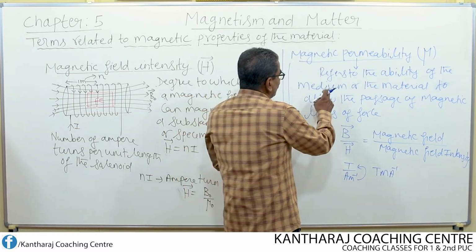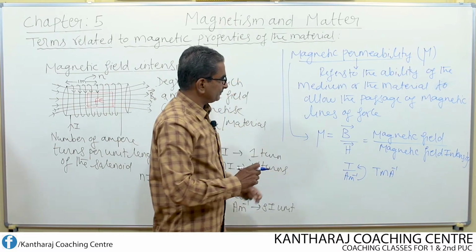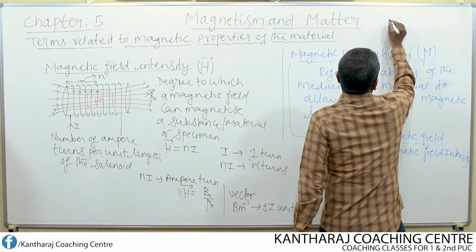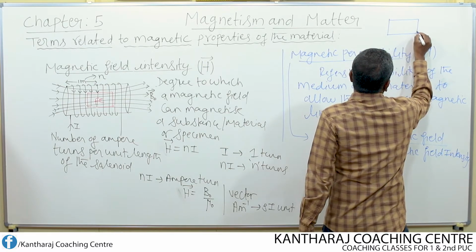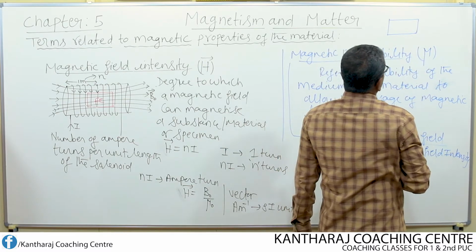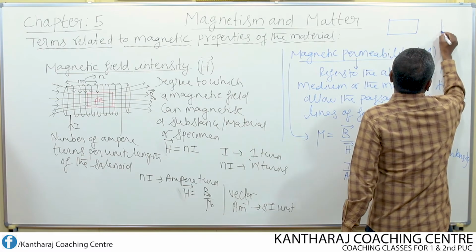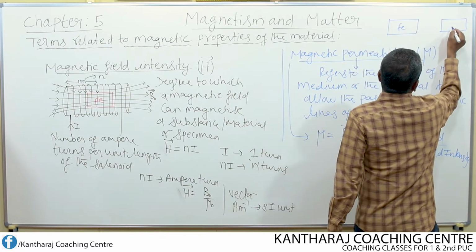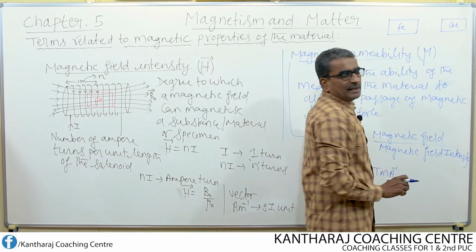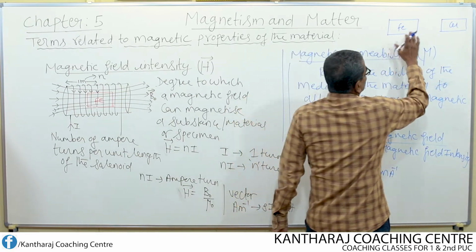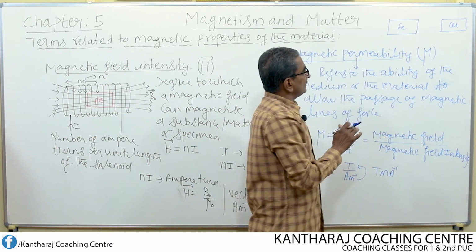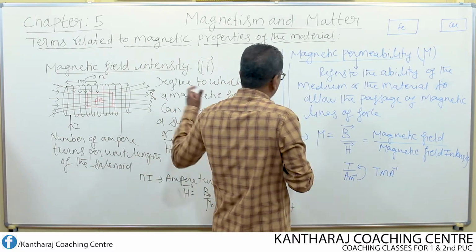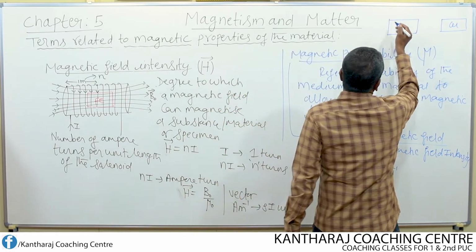Now let us know a little bit about this. Suppose I consider one iron bar, and also one copper bar. So this is iron, this is copper. If I keep both of these materials in an external magnetic field, say B0, then what happens?